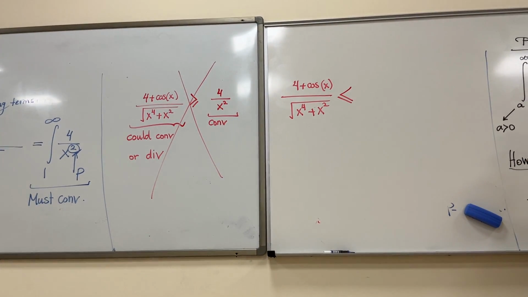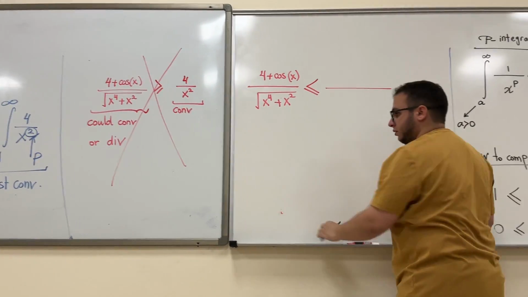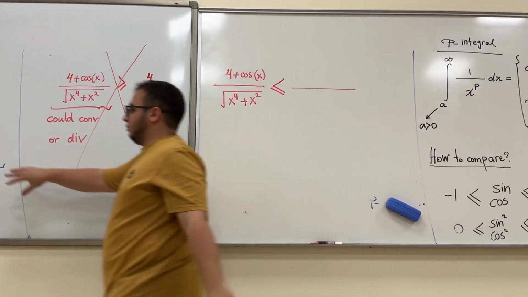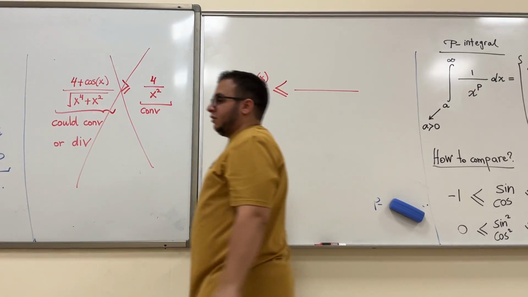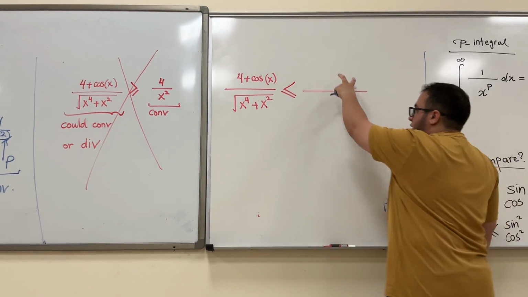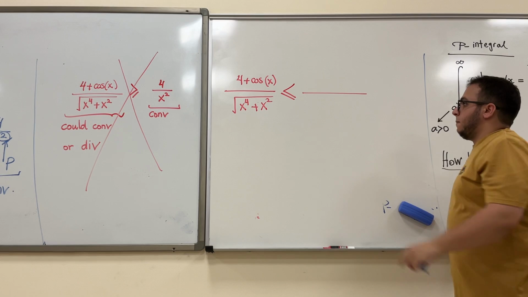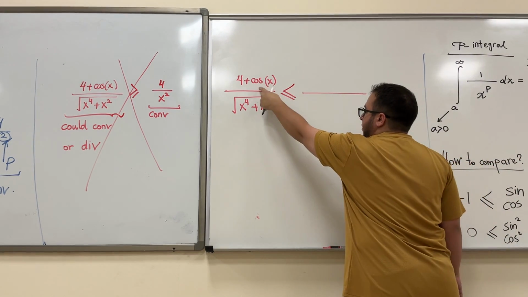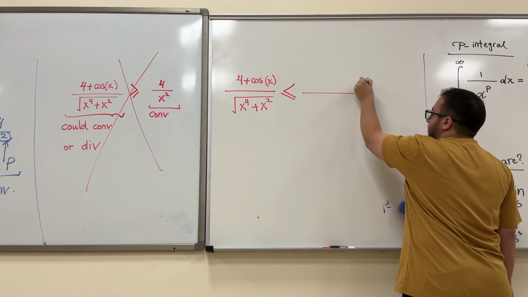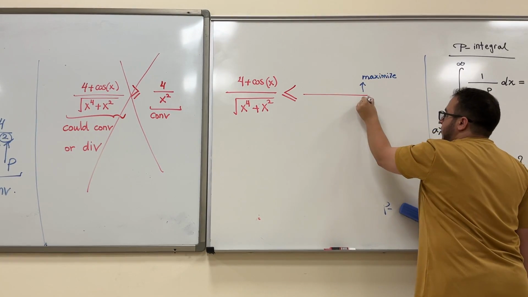It has to be something that looks like this. Alright. So now when I compare a fraction to a fraction, since this is larger than this, I want to make this maximum and I want to make this minimum.